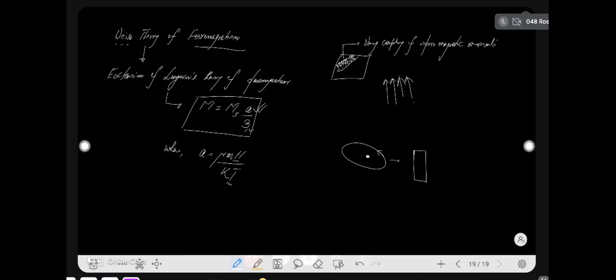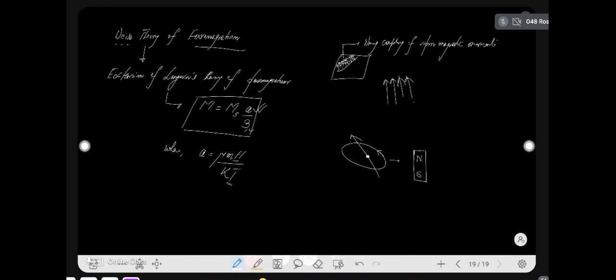So you are the north pole, you are the south pole. Now this direction is anti-clockwise, that means the spin direction is outside the plane. So again the same situation.